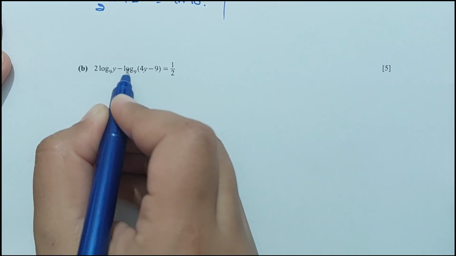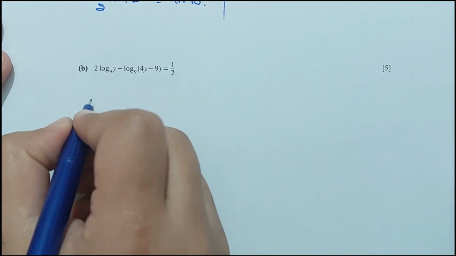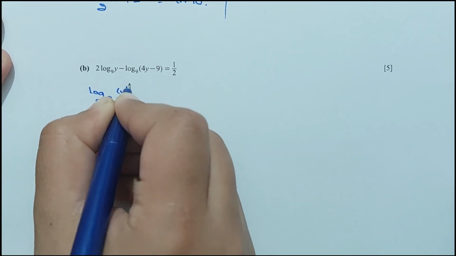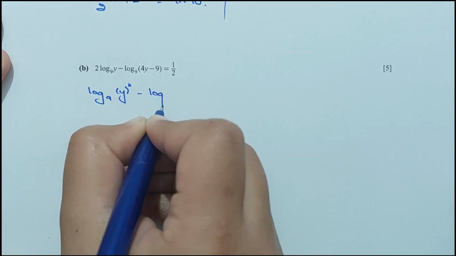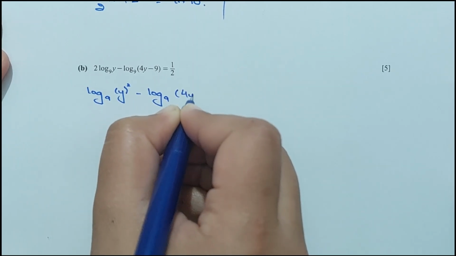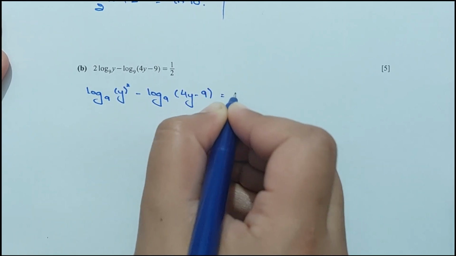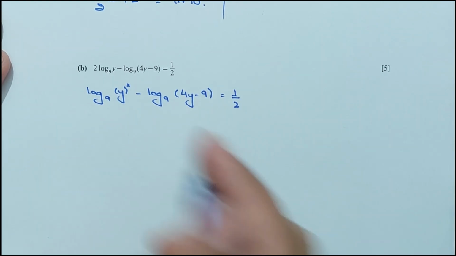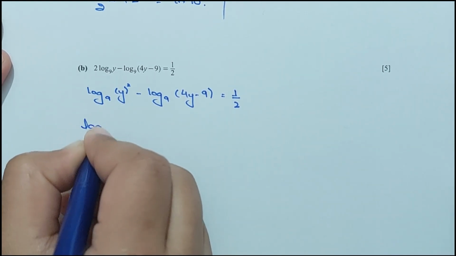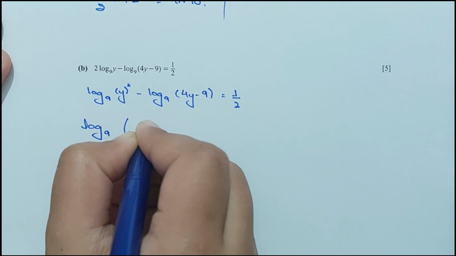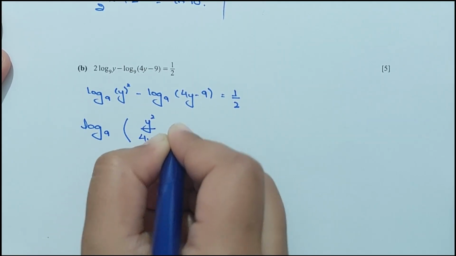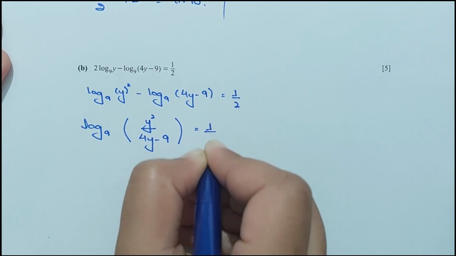Now log base 9, log base 9, the bases are the same. So we can say log base 9 of y square minus log base 9 of 4y minus 9 equals half. When two logs are subtracted, it means we have to divide. So log base 9 of y square over 4y minus 9 equals 1 by 2.